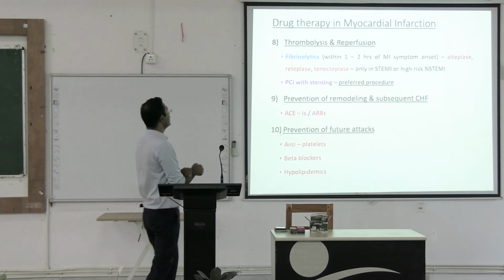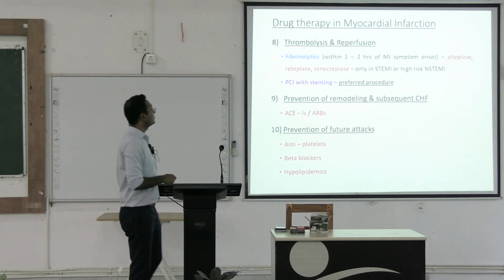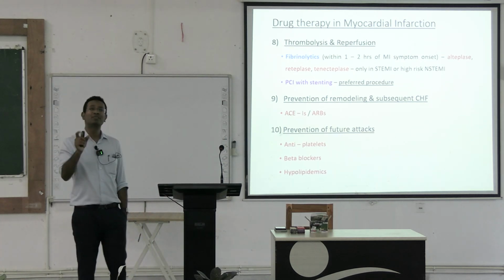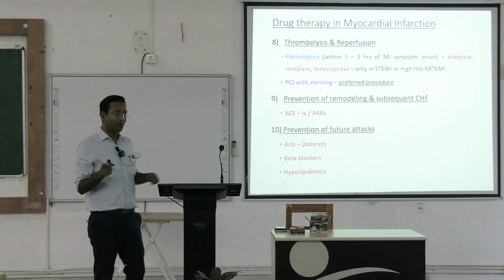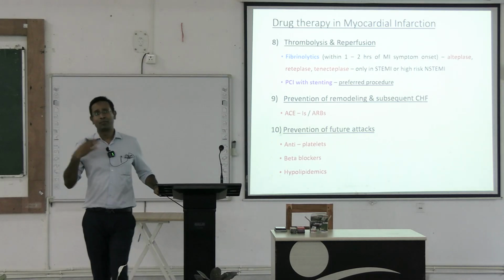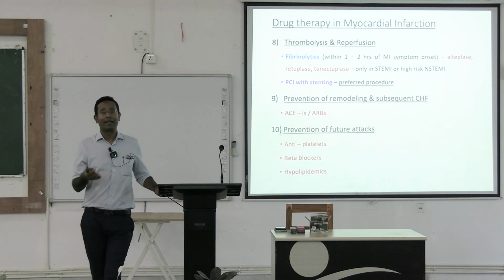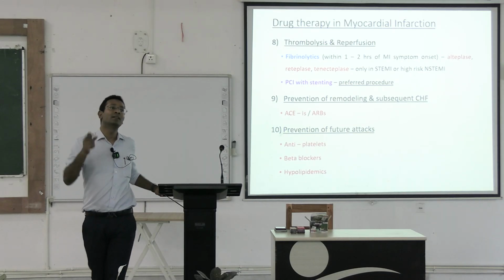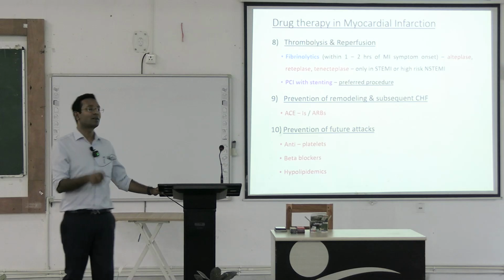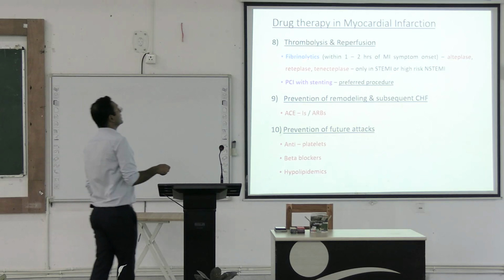Next is thrombolysis and reperfusion. Fibrinolytics are given within 1 to 2 hours of MI symptom onset. That is the reason it's proactively told in symposiums that when the chest pain or angina starts, report to the hospital in that golden period. That first 1 to 2 hours is very important.